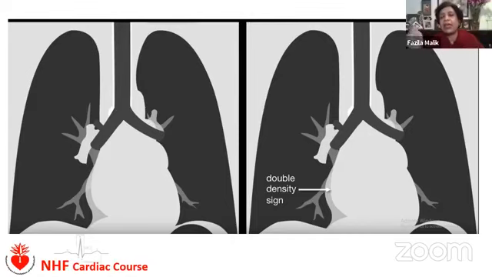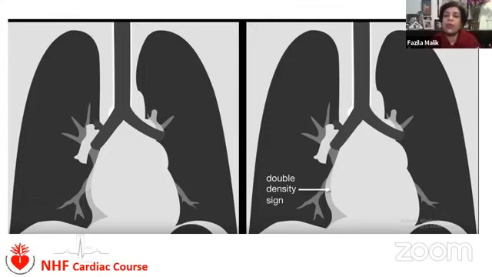This can be appreciated as a double density on the right side. So when the left atrium is enlarged, we get the double density sign, also called the double bubble sign. There are two borders on the right side of the heart: the outer border is formed by the right atrium, and the inner extra border is formed by the enlarged left atrium.